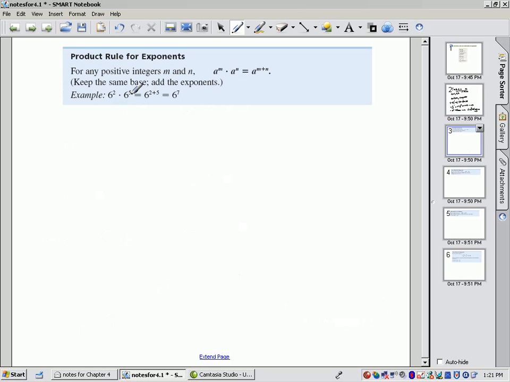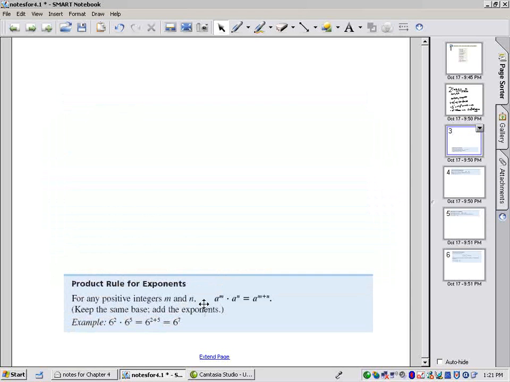Let me move this rule down here for just a minute and I'll explain it. Let's talk about something of this form: 2 to the 5th times 2 squared. If I don't know any rules and all I'm doing is using the definition of the exponent, the 2 to the 5th means that 2 has to repeat by multiplication 5 times, right?